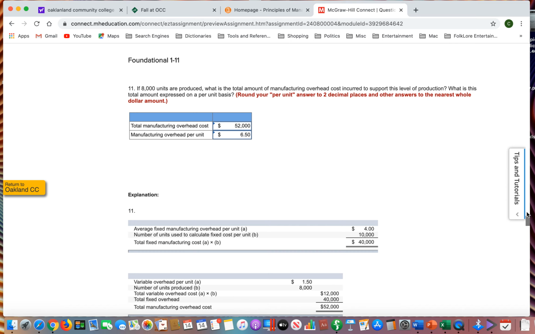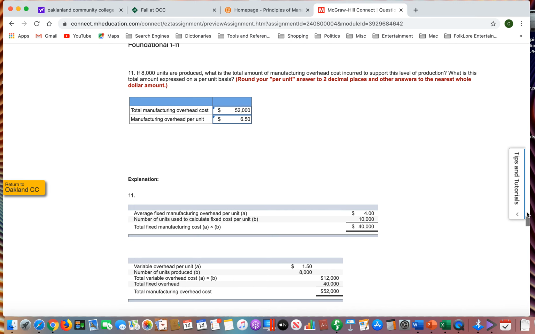That gives you $12,000 plus the 40,000 that's going to be there no matter what. It gives you 52,000. And then you divide that by 8,000 units, and you're going to get $6.50.